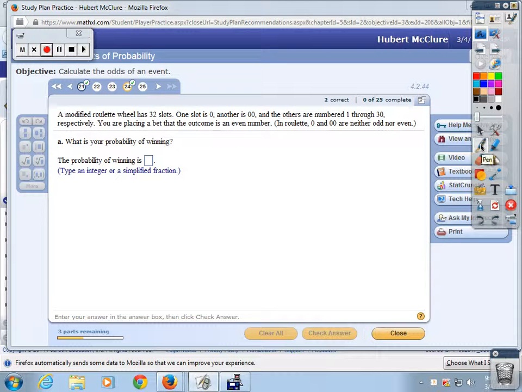There we go. The roulette wheel has 32 slots. Success, the probability of an even number, is going to be, what's half of 30? 15 over 32.